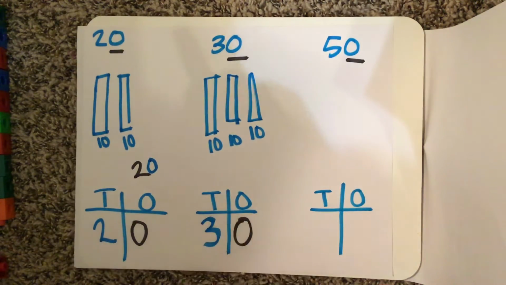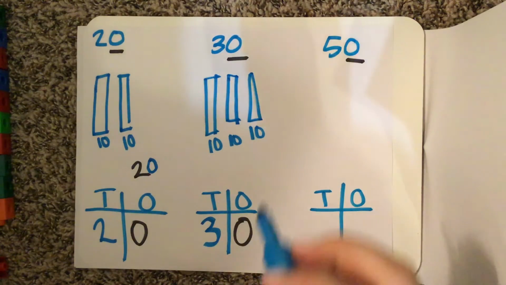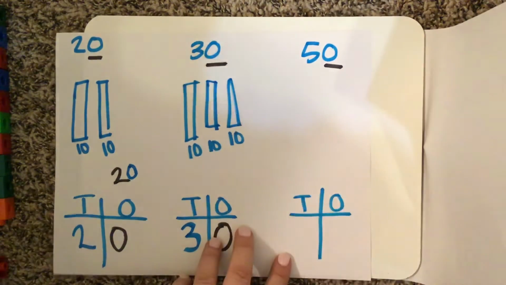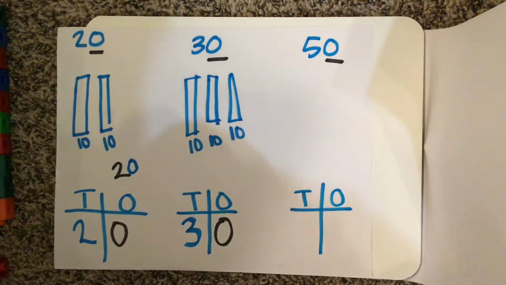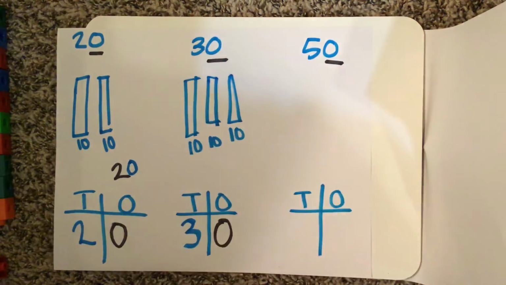Yep. Lastly, we have the number 50. Well, easily we can see that there is a 5 in our tens place and a 0 in our ones place.